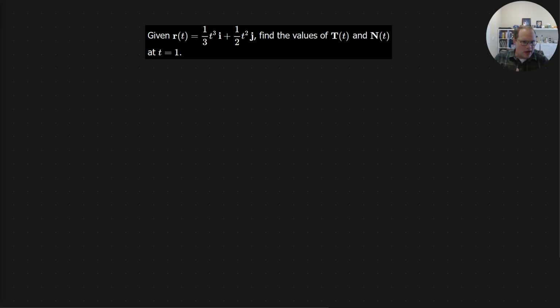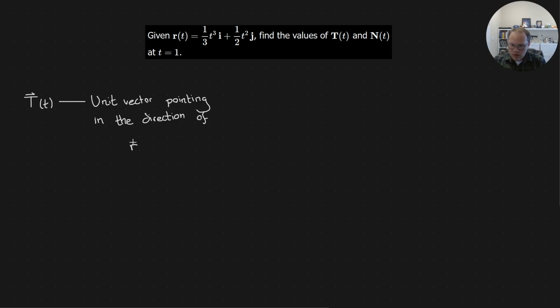All right, let's take a look at a couple of examples. Now, for this first one, we're dealing with a curve, but it's only in 2 dimensions. And so we're only finding the unit tangent vector and the unit normal vector, not the unit binormal vector. Now, that could be a problem. Let me remind you why. Remember, the unit tangent vector is the unit vector pointing in the direction of R prime.